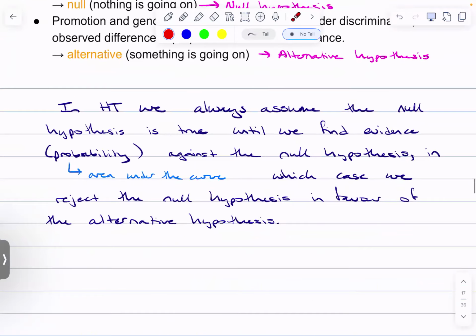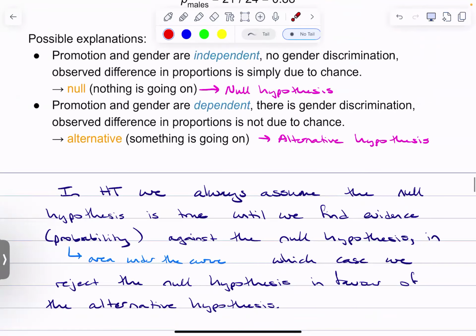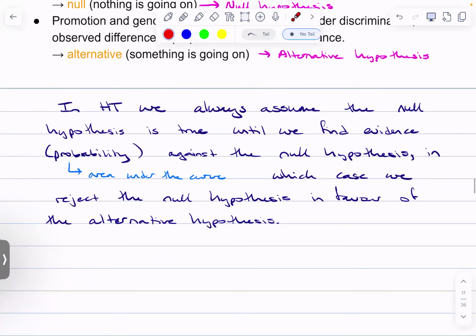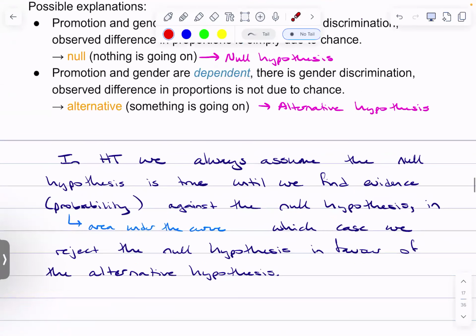Then I can reject the null hypothesis in favor of the alternative, and say promotion and gender are dependent on each other. But I'll leave you with that little tidbit for Thursday. If you have any questions, let me know. Otherwise, I'll see you then.